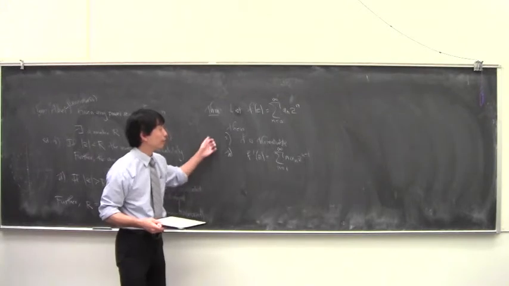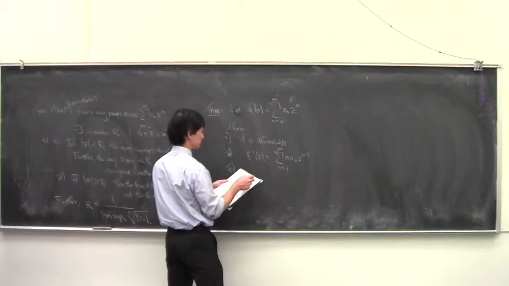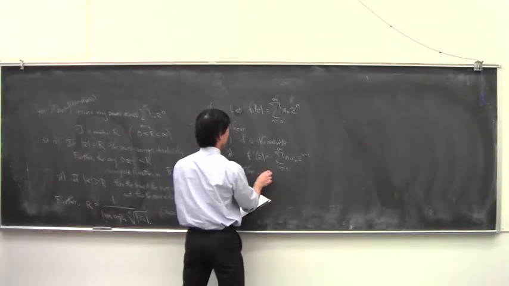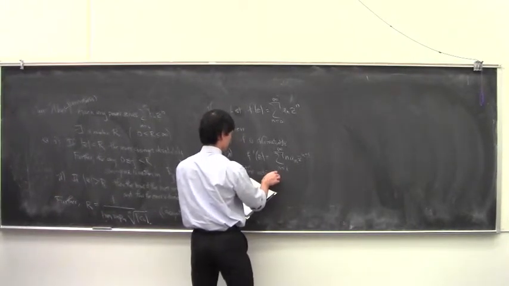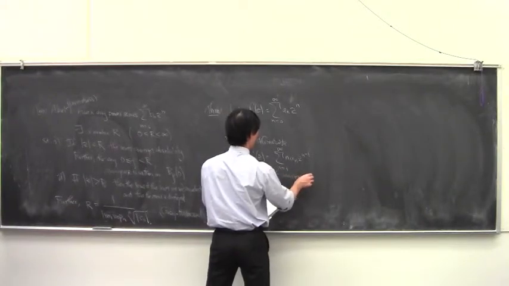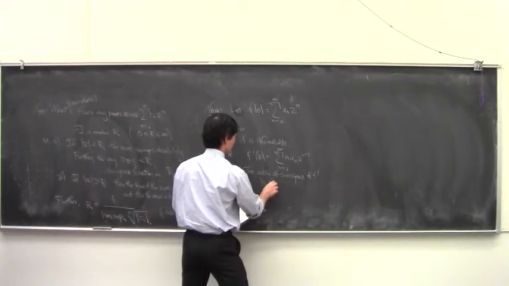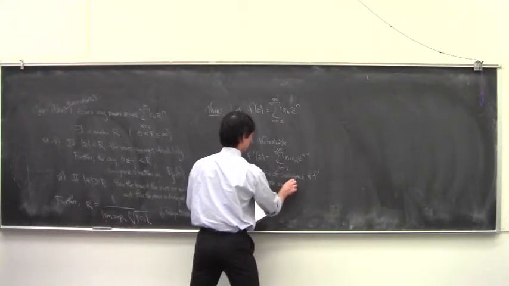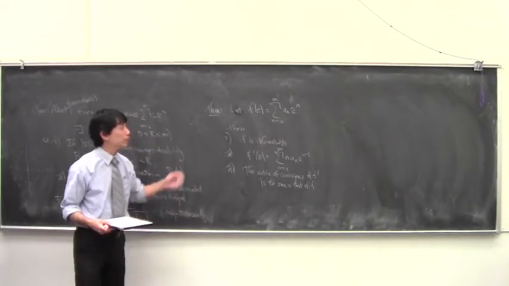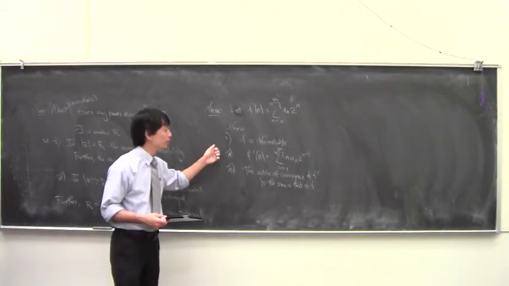You can get the derivative of the power series by differentiating termwise. Further, the radius of convergence of f prime is the same as that of f. So if you have a function that's defined as the power series, it's going to be differentiable, blah, blah, blah. Okay.